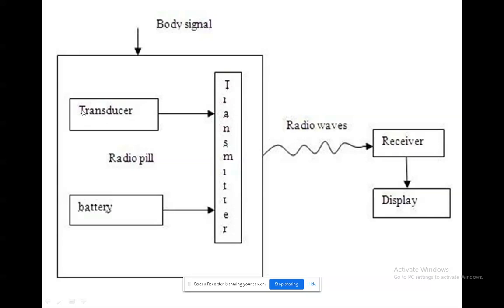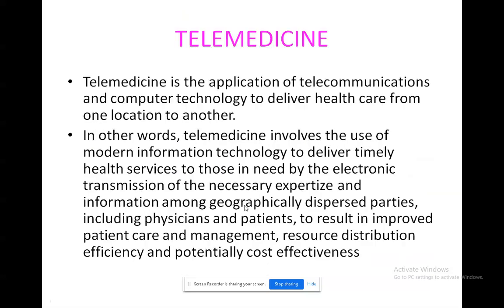Whatever biosignal, it may be heart signal or brain signal, anything else, that will be collected through the transducer and transmitted through the transmitter device to the receiver side. The information will be carried by radio waves, that is, a radio frequency signal is going to be applied. That's why it is named radio pill.